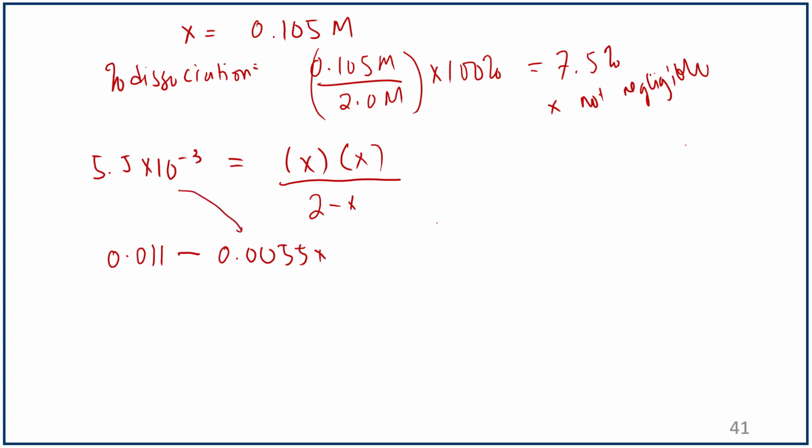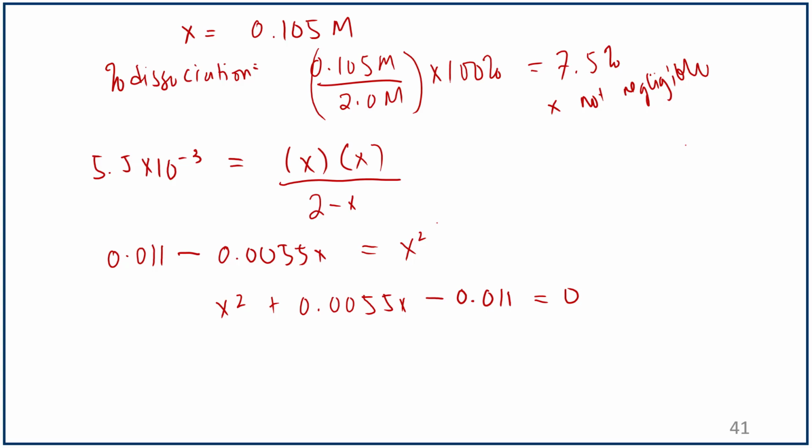Okay, this is just the same numbers, by the way, just in case you're curious. And then this is equal to x squared. Okay, and then to rearrange this so that we can use the quadratic formula, we will get x squared plus 0.0055x minus 0.011 is equal to 0. Okay, so that's going to be the equation.